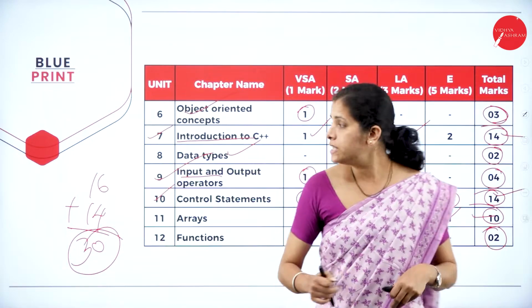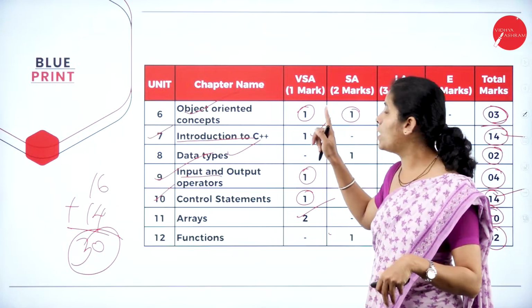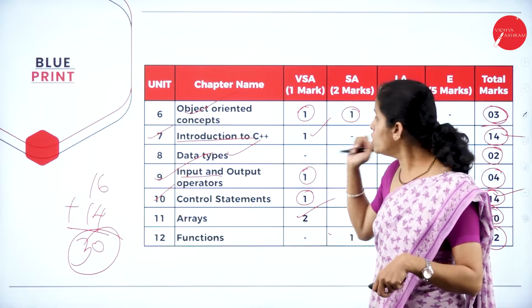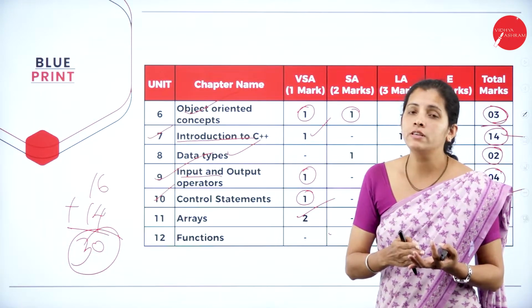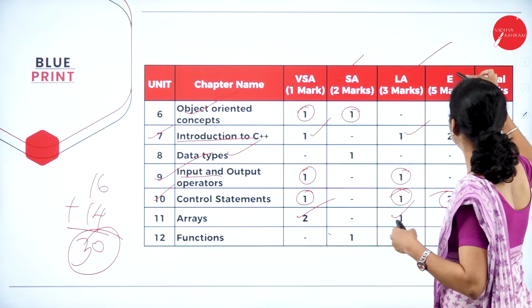Because if you study those chapters, then you can write only 1 mark questions or 2 mark questions. And if you want to score more, then please concentrate more on 2 mark questions, 3 mark questions, as well as 5 mark questions.